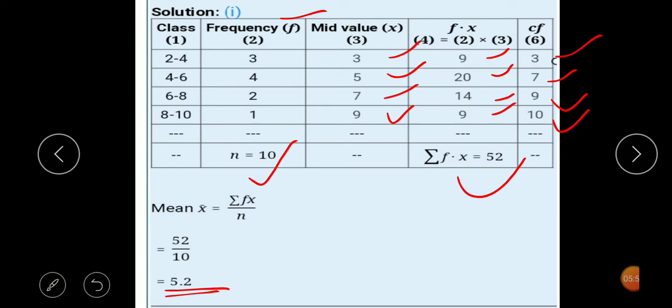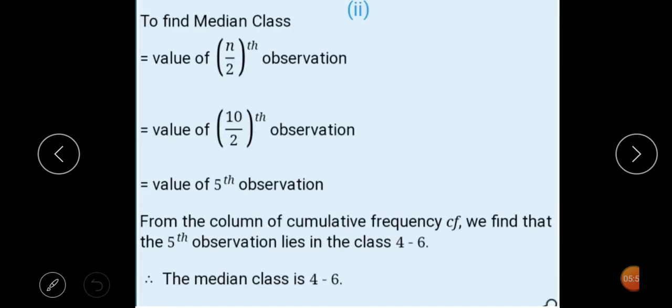Now the mean has been calculated. Let's see another topic, how to find the median. In order to find the median, first we need to find the middle term. The middle term is called the median, and from that we will calculate the median class. So let's see what is the value of n.